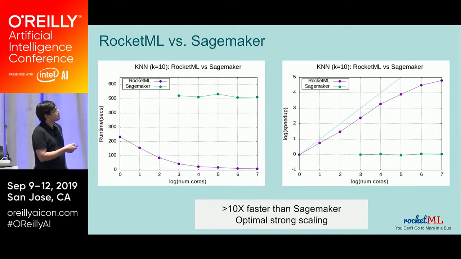But once you have problems like KNN and other things, there is a communication overhead that basically explains this gap. But the comparison here is between RocketML and SageMaker. We could see that the scaling is much better and linear compared to SageMaker, which is very flat. So 10 times faster than SageMaker and optimal strong scaling.